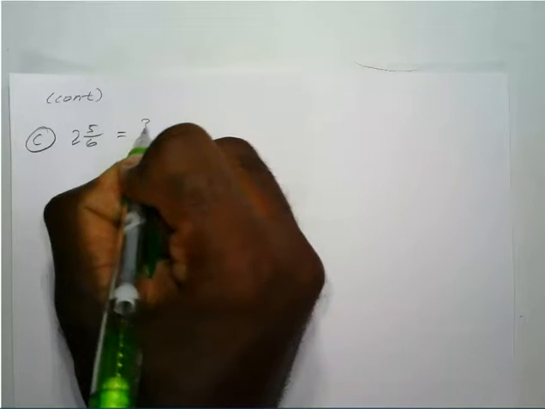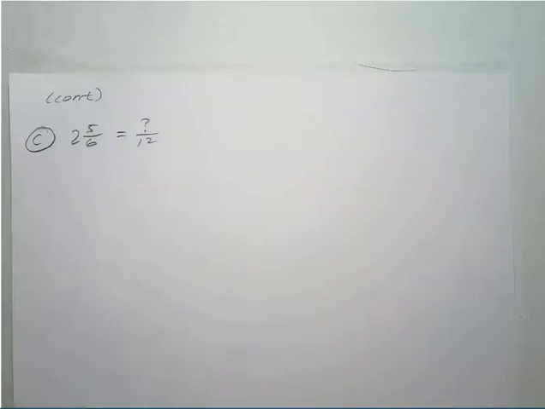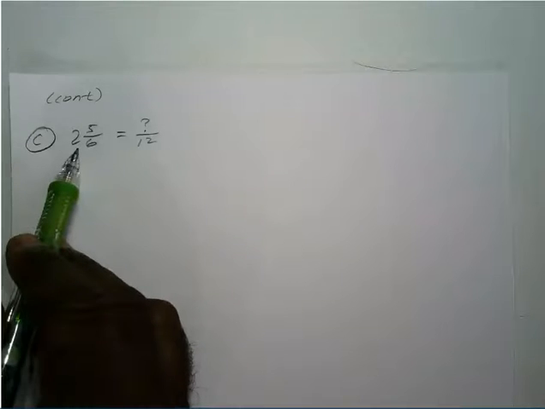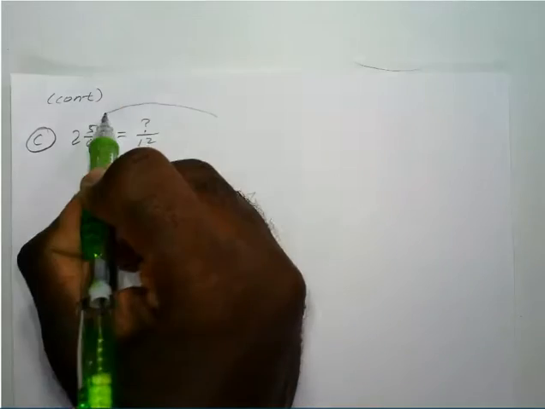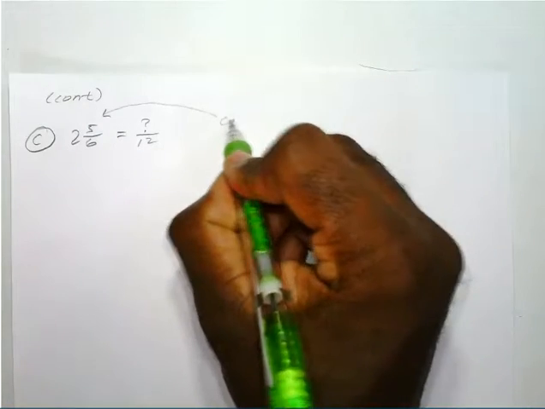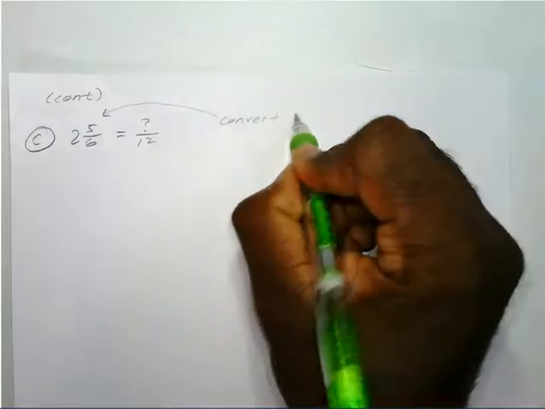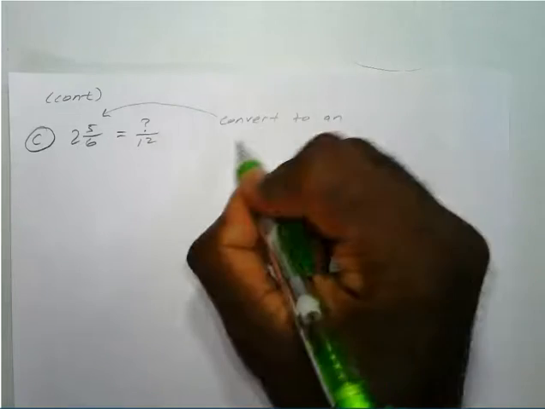All right, so there are a few ways if you want to solve this one, but probably the easiest is just convert your mixed number into an improper fraction.